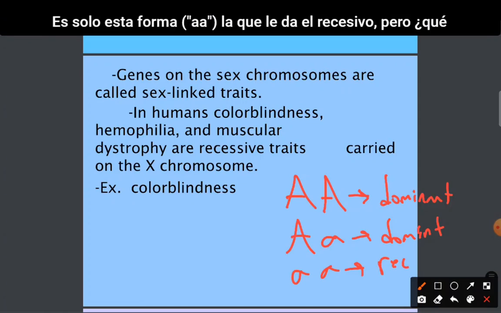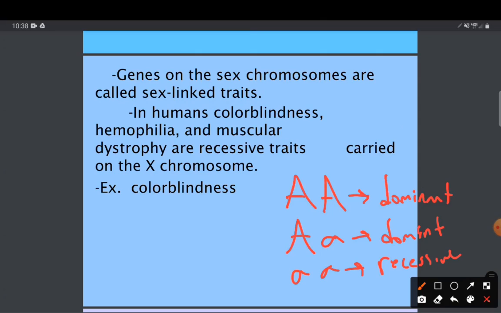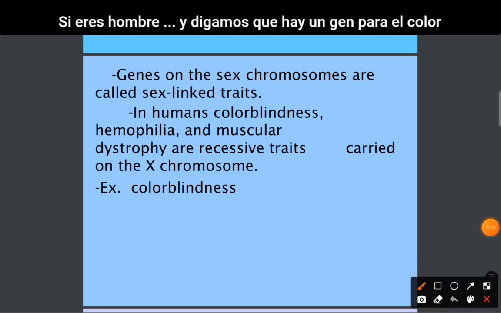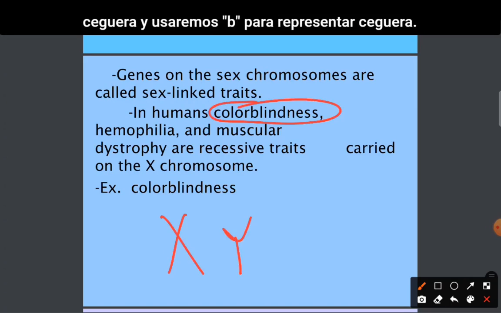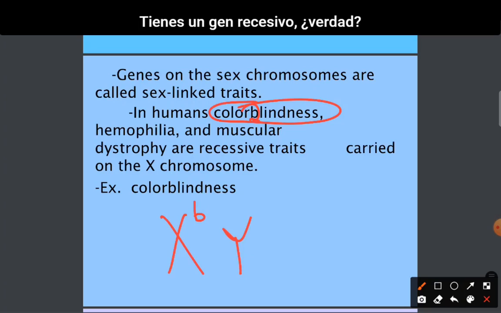It's only this form that gives you the recessive. But what if there was no second gene? If you're a man, and let's say that there is a gene for color blindness, and we'll use B to represent blindness. So we'll say that you have a recessive gene, right?